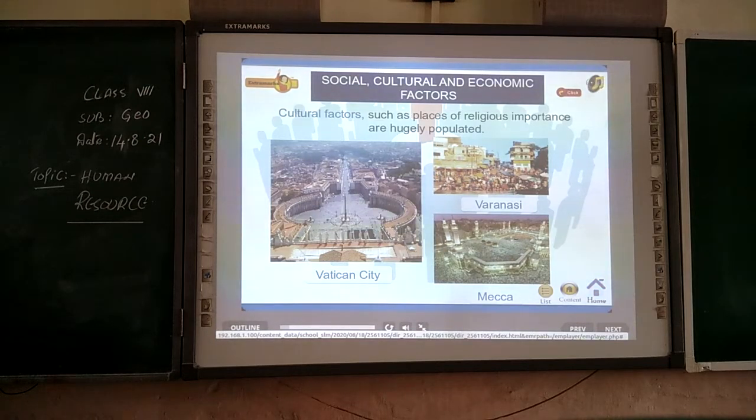See the important places: Vatican City, Varanasi and Mecca. Varanasi, India, Uttar Pradesh; Makkah, of course, in the Gulf; and Vatican City, Rome, Italy.